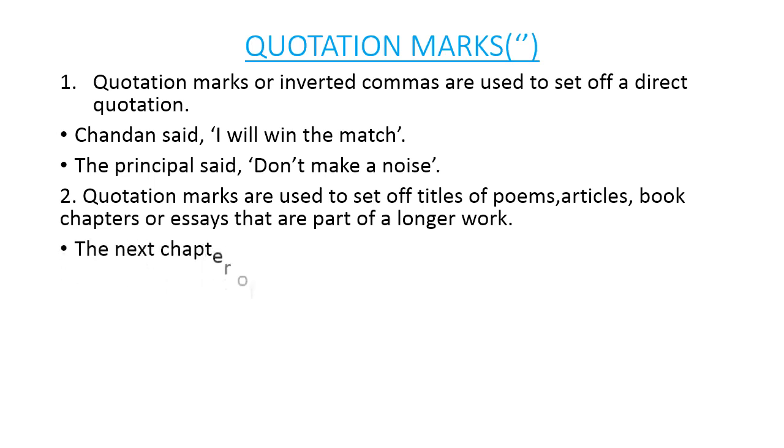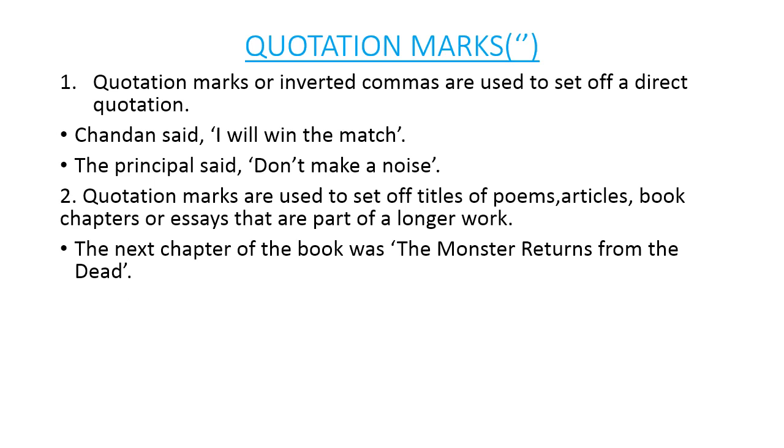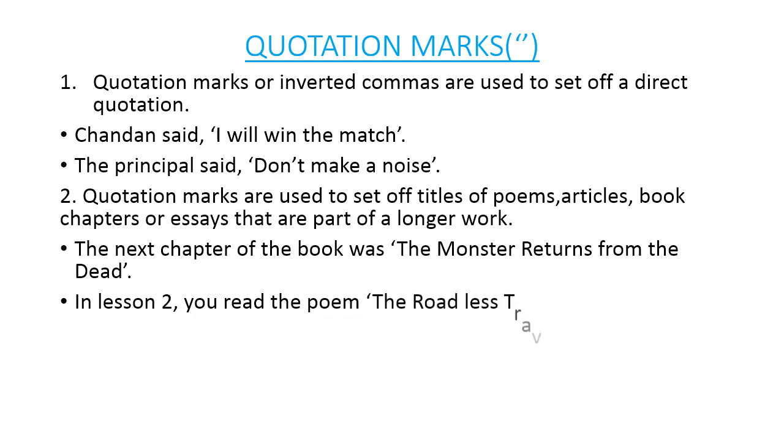Example: the next chapter of the book was 'The Monster Returns from the Dead.' I have highlighted it with a single inverted comma open and close. Next example: in lesson 2, you read the poem 'The Road Less Traveled.' So these are quotation marks.